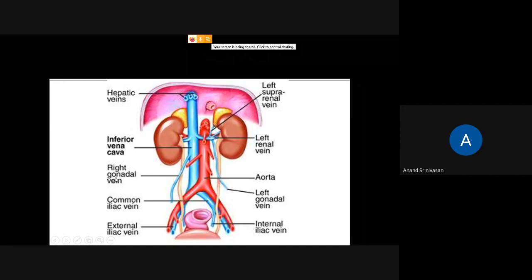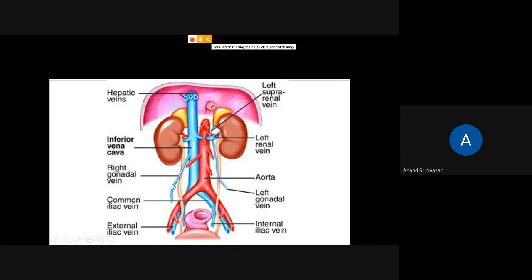Here it is mentioned as gonadal vein. What is this gonadal vein? Gonad is a common term for both male and female reproductive organs. That is a common name for both testes and ovary. The male gonad is testis and the female gonad is ovary.